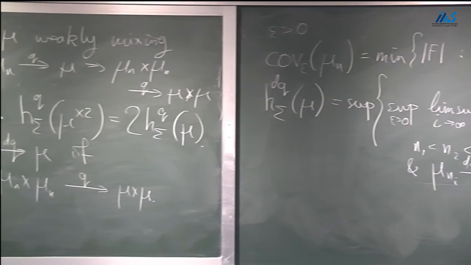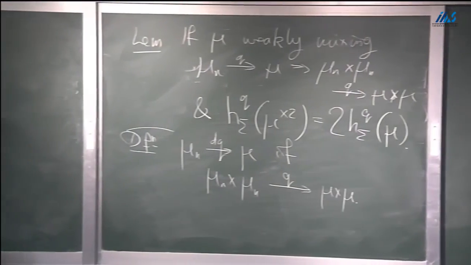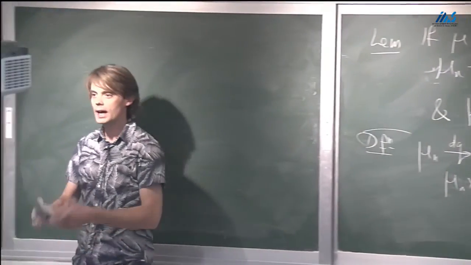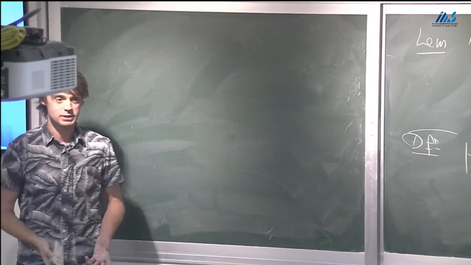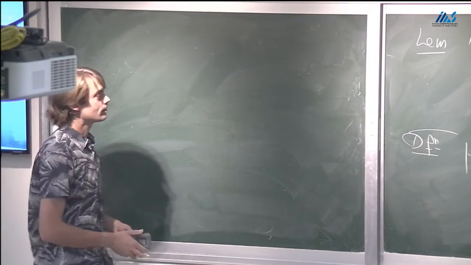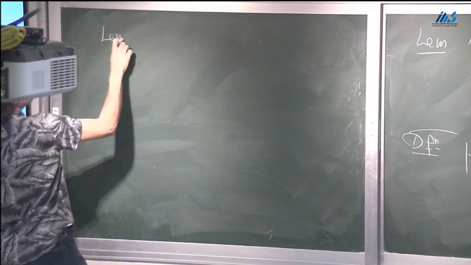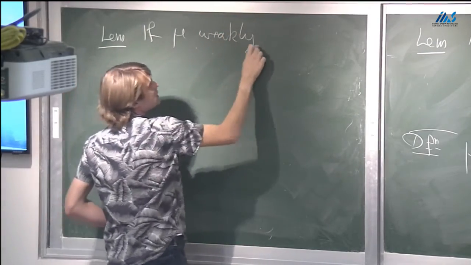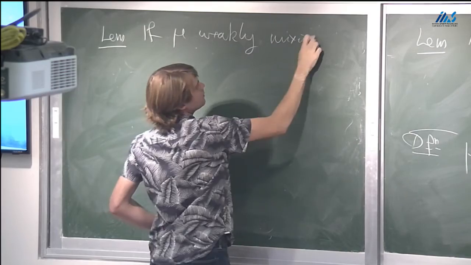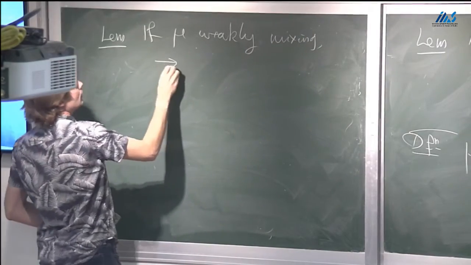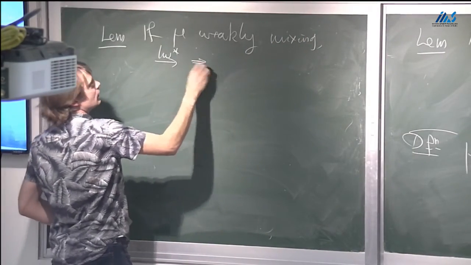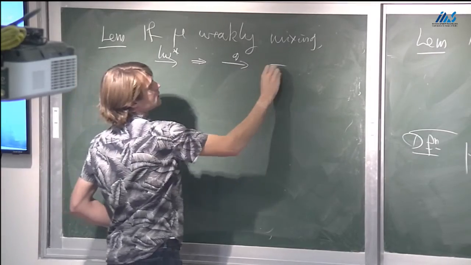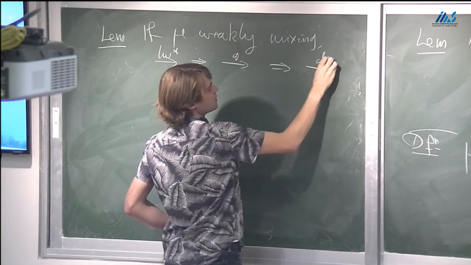So you should think of doubly quenched convergence as some kind of analog at the level of Sofic approximations of weak mixing itself. Okay? So in particular, if mu is weakly mixing, then these notions are all the same. Then local weak star convergence implies quenched convergence implies doubly quenched convergence.